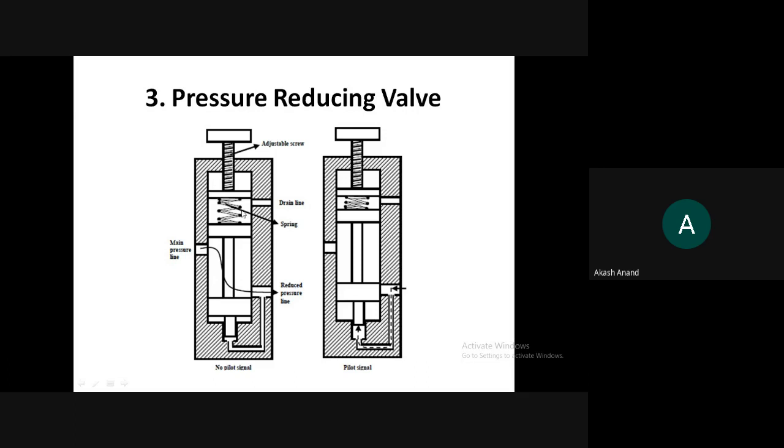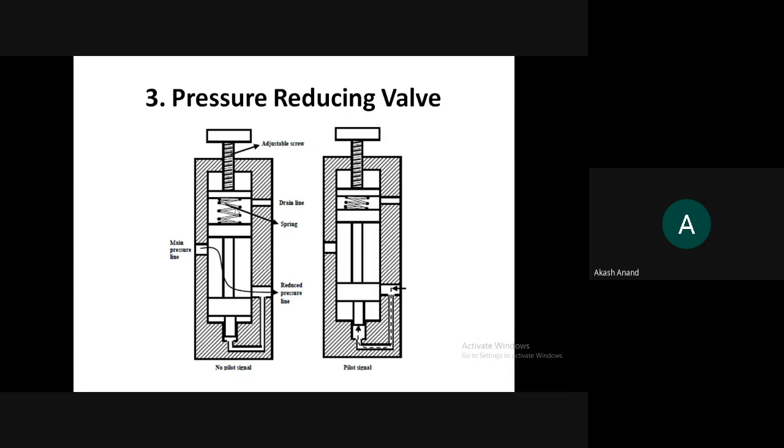What will happen if the spring is compressed? If the spring is compressed, more force will be required for further compression. And if the spring is let free, a very small amount of pressure or force is required to move the spring.